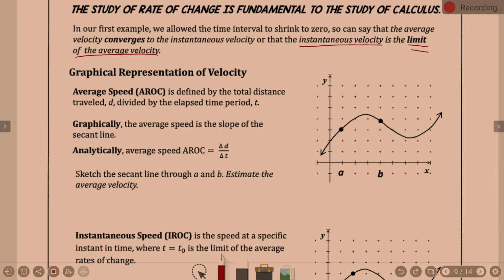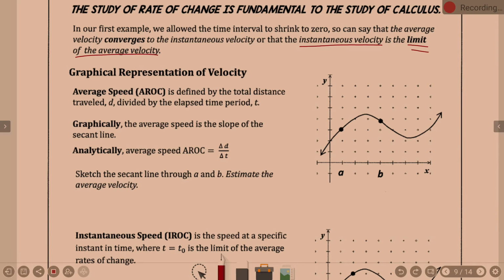So graphically though, average speed is the slope of the secant line. Analytically, the average speed, which is what we already talked about, average rate of change, is delta D over delta T. Now, we're going to sketch the secant line through A and B and estimate the average velocity. Your secant line is the line that goes through the 2 points.